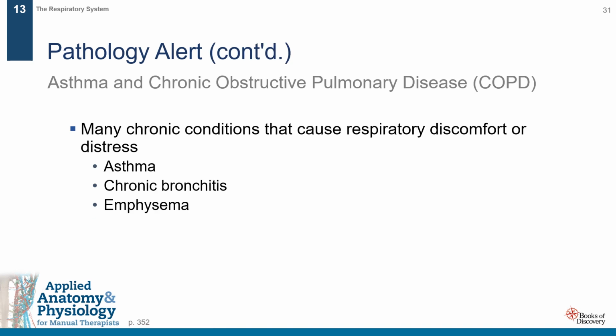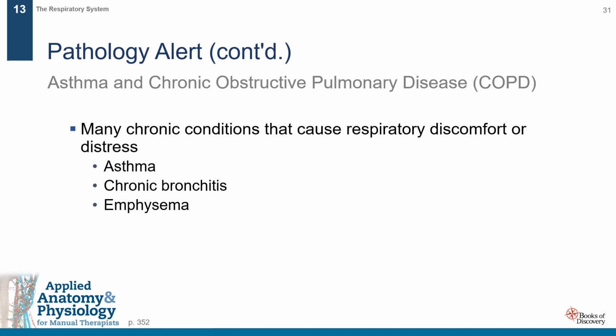Chronic irritation of the bronchial tubes due to asthma, allergies, multiple infections, smoking, or environmental pollutants can lead to chronic bronchitis. This long-term irreversible inflammation of the lining of air passageways is characterized by a chronic cough and increased susceptibility to respiratory tract infections.